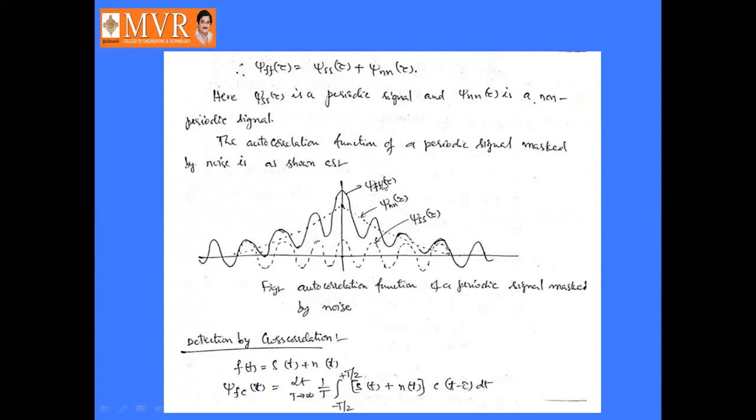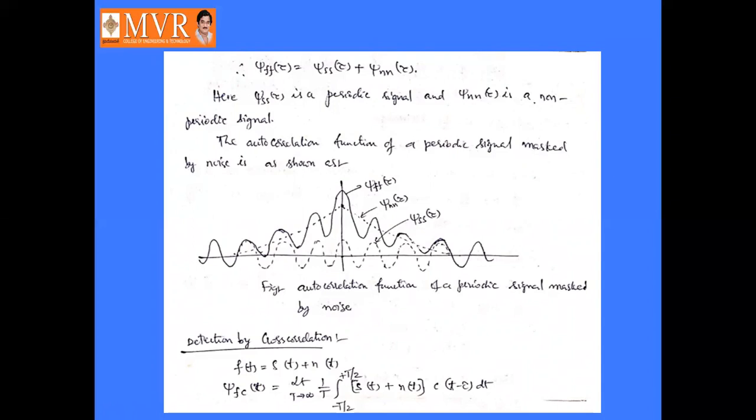Then finally we will get the plain signal as chi ff of tau. This is the autocorrelation function of the periodic signal masked by noise. Okay. Next, we will see the detection by cross correlation.